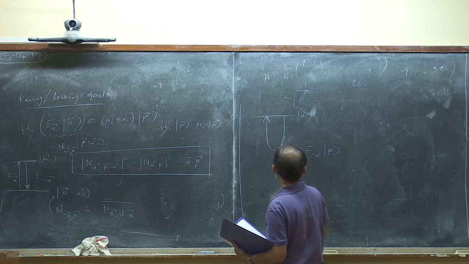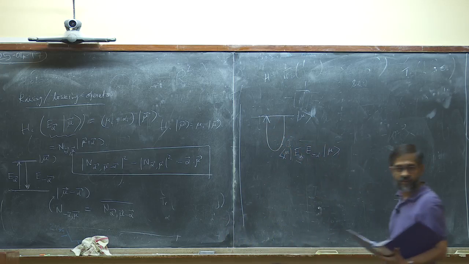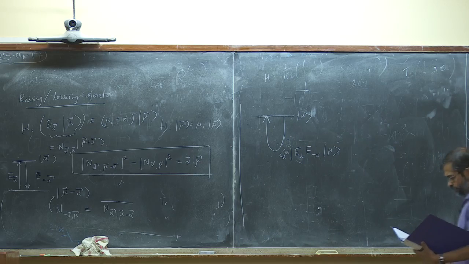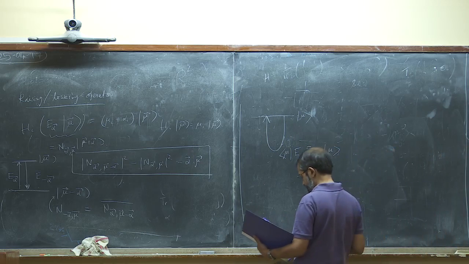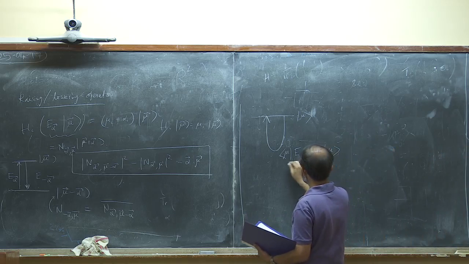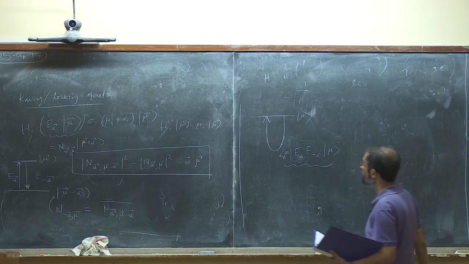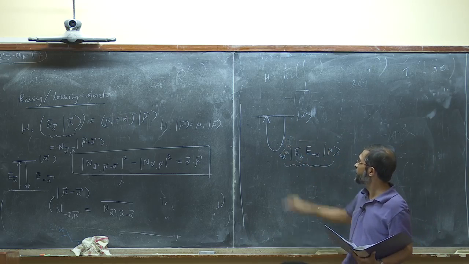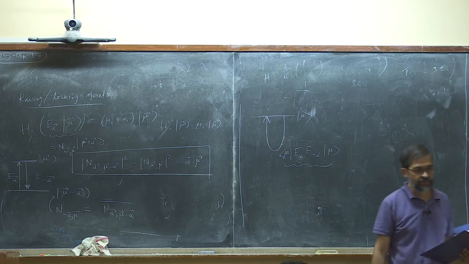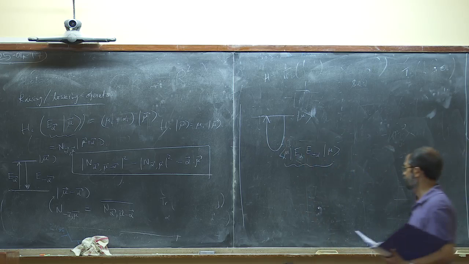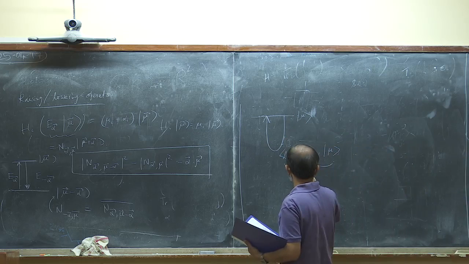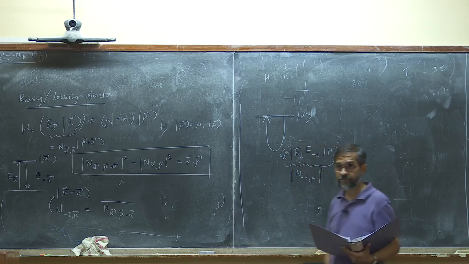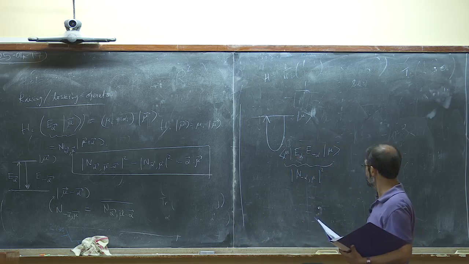So the matrix element for this is that. Can somebody tell me what this matrix element is? I have reached down, and in that process I have picked up n_{-α,μ}. It's |n_{-α,μ}|², mod square, because E_{-α} dagger is E_α.